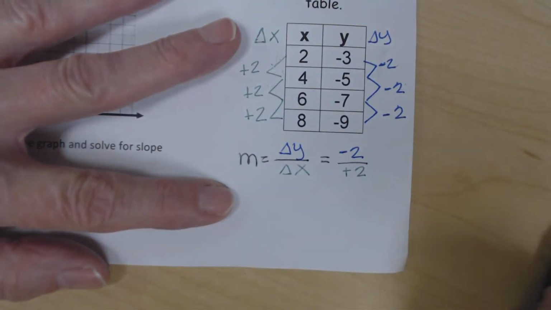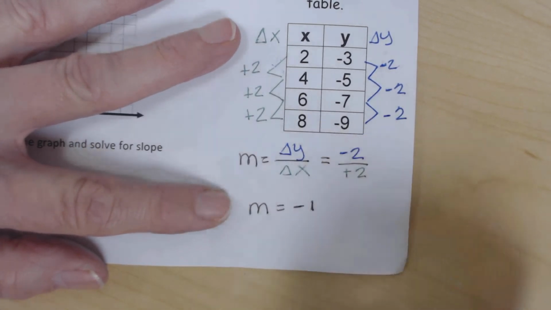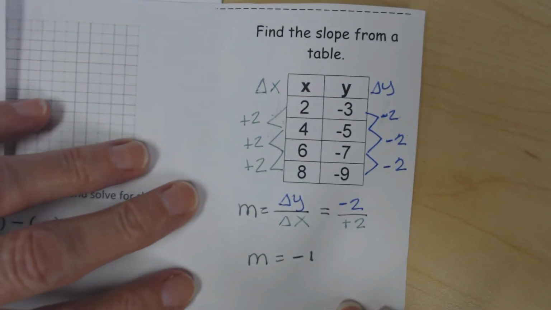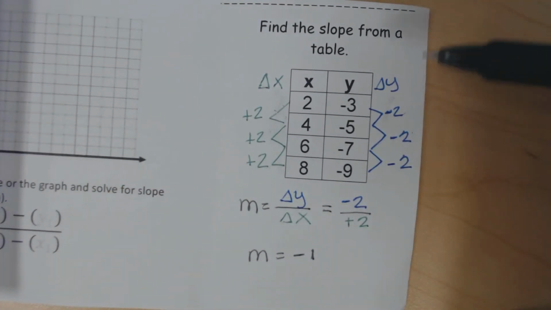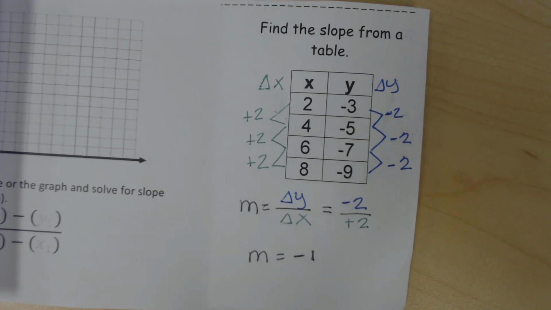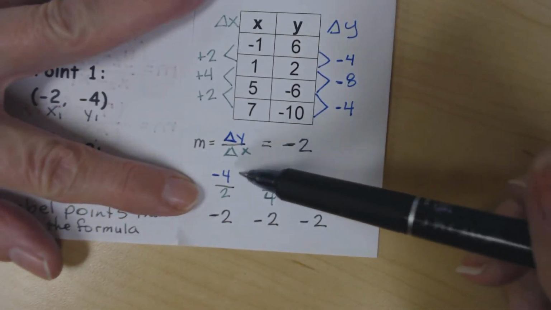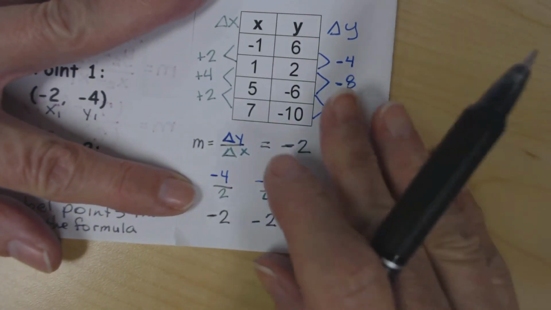But -2 divided by +2 is simply -1. So our slope for this one would be -1. So again, for a table, find your change in y and your change in x, and then make a ratio out of them. And on the front, we had multiple ratios to do, and we had to make sure that they simplified to be the same.